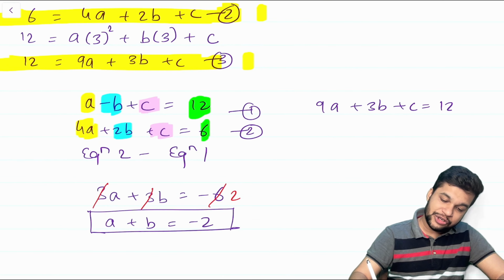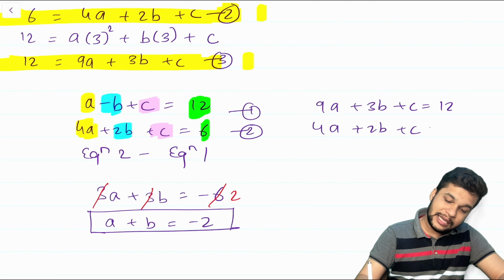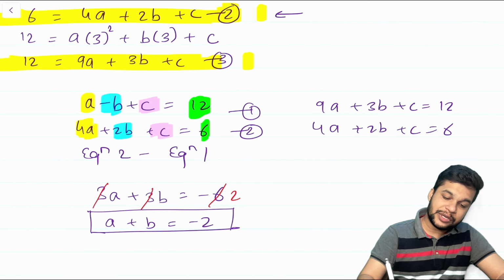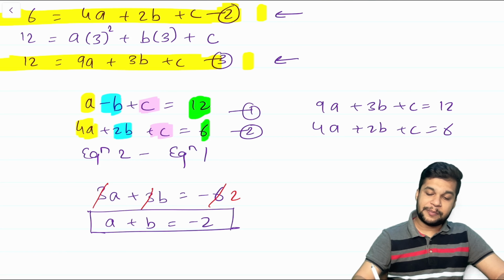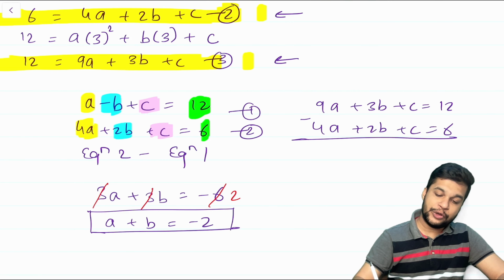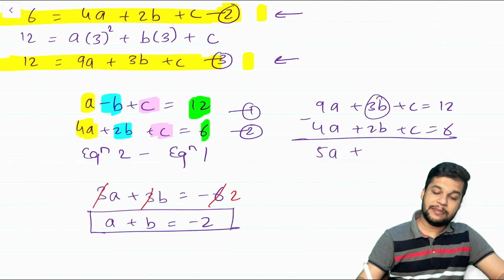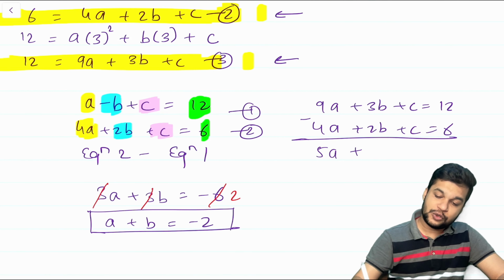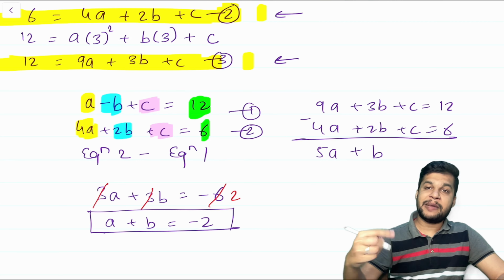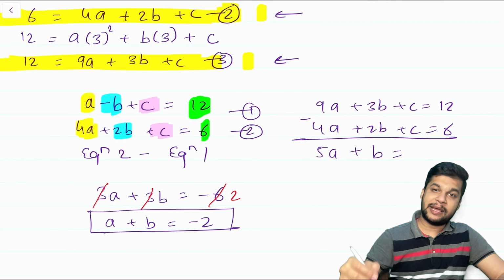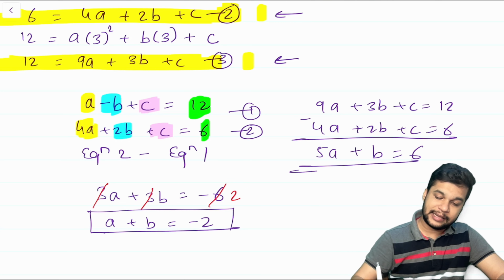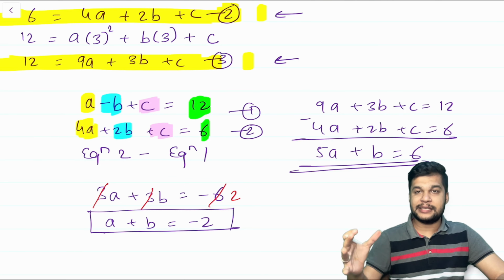And the second equation is 4a plus 2b plus c equals 6. Now let us subtract these equations. 9a minus 4a will be 5a, plus 3b minus 2b will be b, and c minus c is 0. So you get 12 minus 6 as 6.